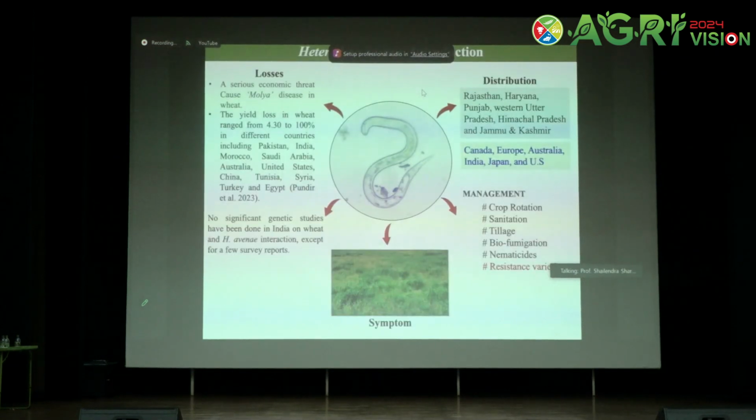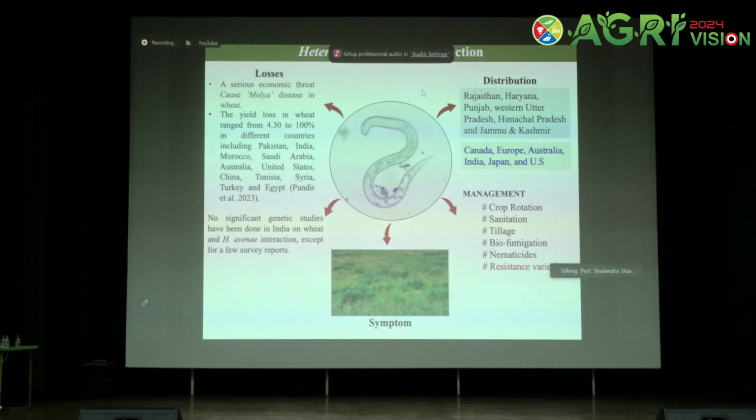Heterodera avenae causes a serious economic problem known as Molya disease of wheat. It can cause yield losses from 4.3 to 100% in different countries, from Pakistan, India, Morocco, Saudi Arabia, and especially in India, in Western Haryana and Rajasthan, where we have this severe problem of Heterodera avenae.